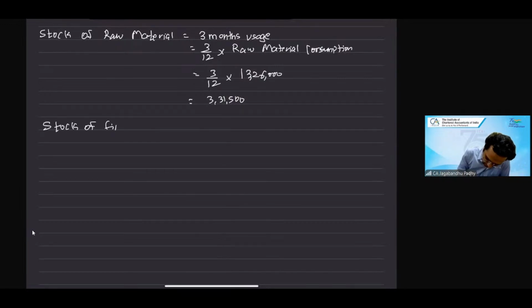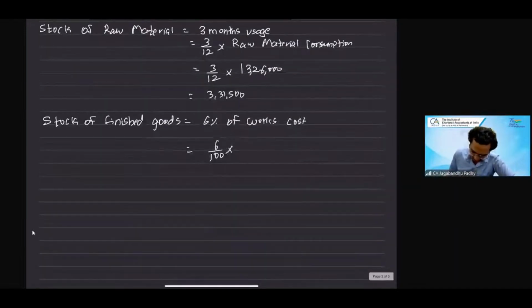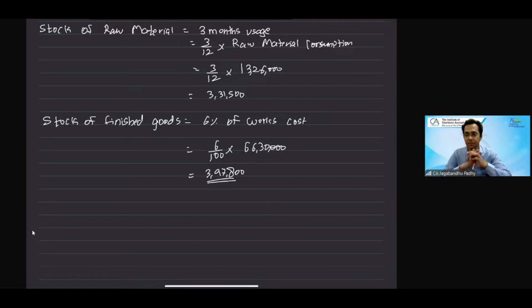So that's 6 upon 100 into works cost, which was anyway 66,30,000. 66,30,000 into 6% is 3,97,800.